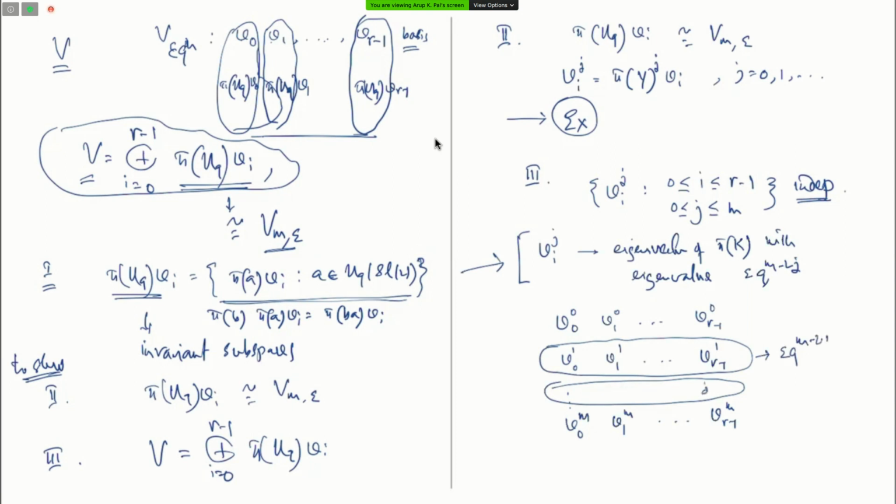So in case it's the jth row, then m minus 2j. That means anything here would be independent from anything here, for example. So the rows are independent, meaning different rows are independent. So it is enough if you can show that in a row the vectors are independent of each other.